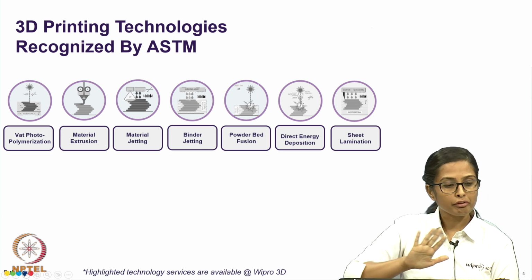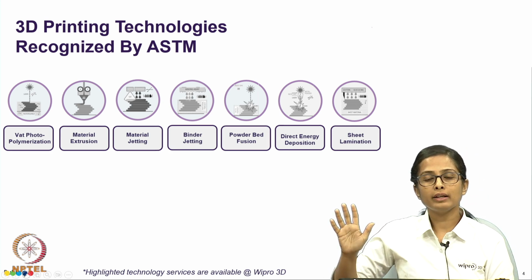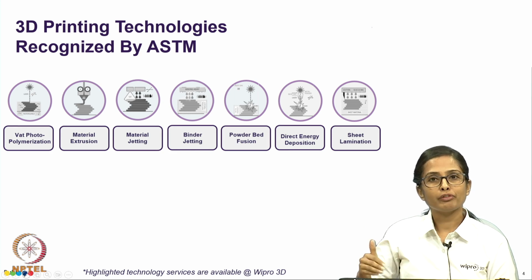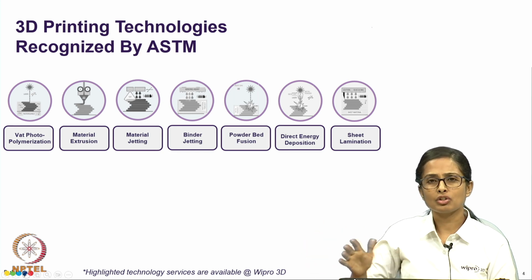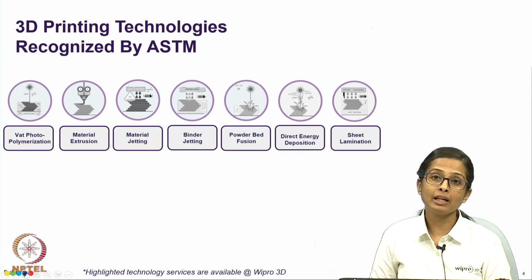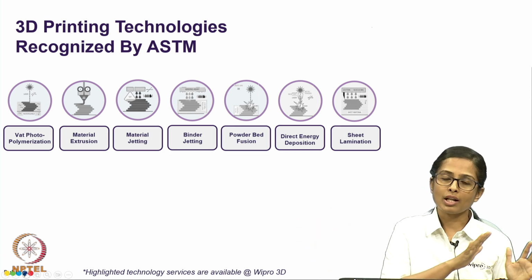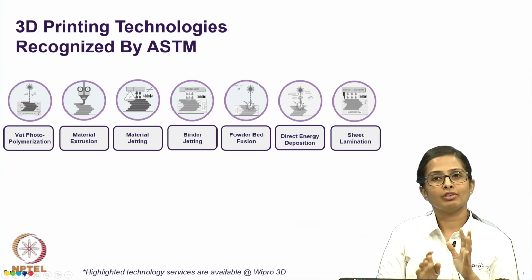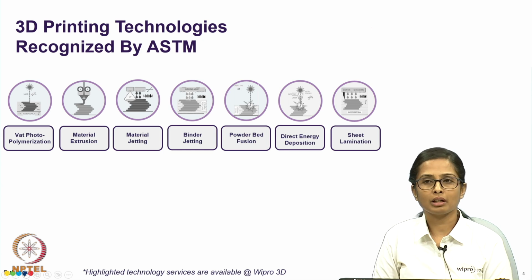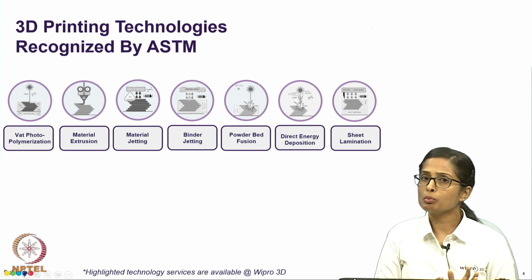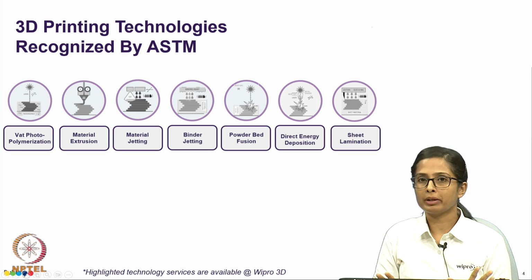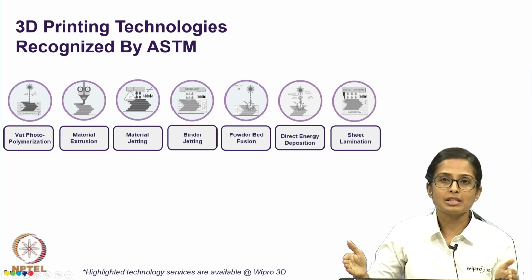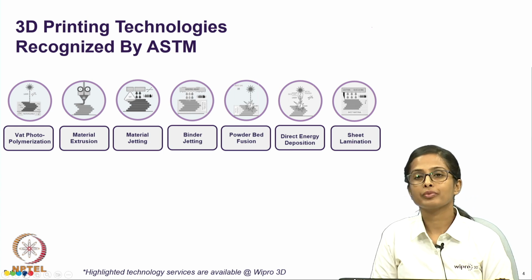But as we move from left to right, what you will come to know as the weeks progress is that powder bed fusion or DED or sheet lamination is more so used for printing metal. So, there is a transition from polymer to metal, but in every technology we will tell you what are the different materials that are processed. It is not that vat photopolymerization is used only for polymers, but that is probably the most processed material on that technology.